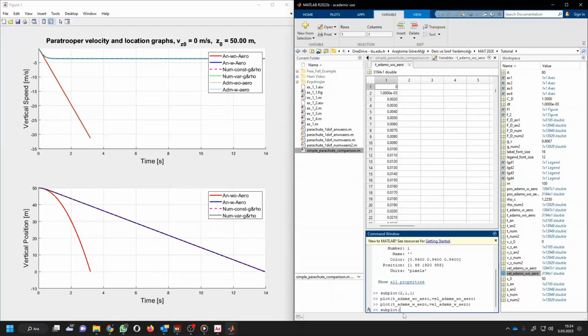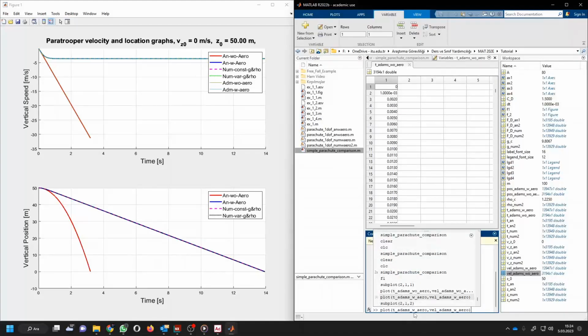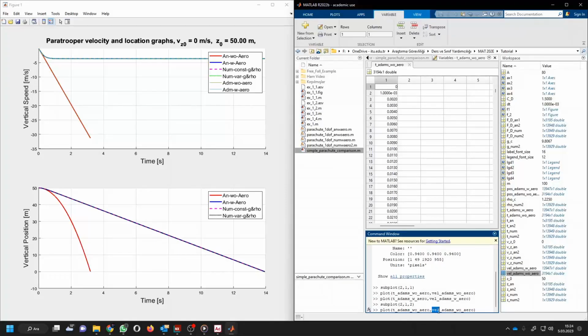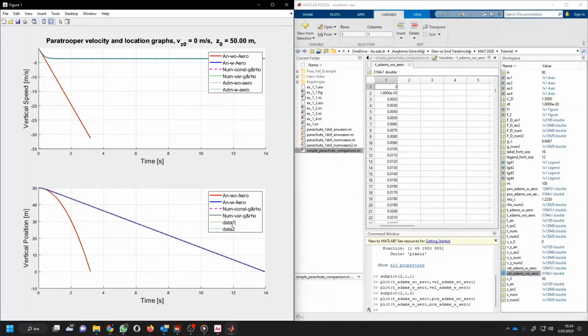Subplot 2, 1, 2. Plot t_adams without aero and position. Okay. Plot with aero, with aero. Okay. Let me rename this as well.